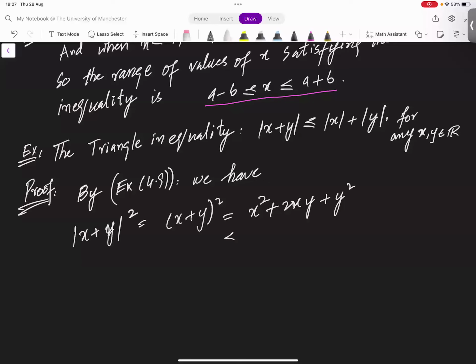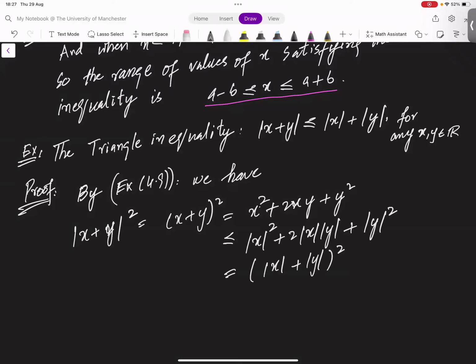We can write this as mod of x square plus 2 times mod of x times mod of y plus mod of y square, which means we can write it as mod of x plus mod of y whole square.